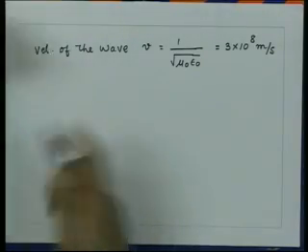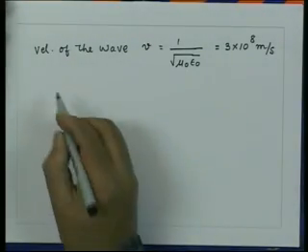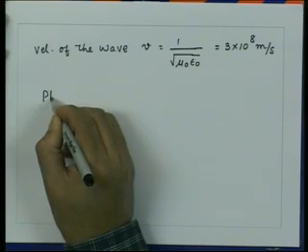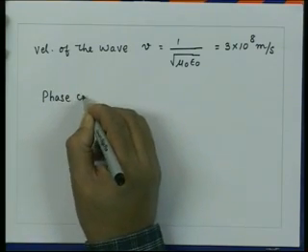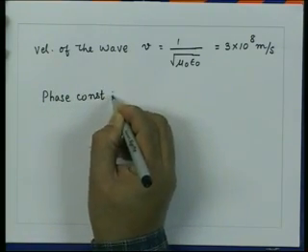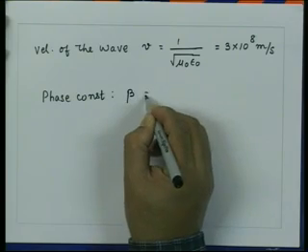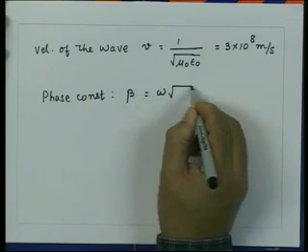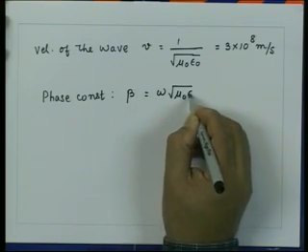The phase constant of the wave, as we know, is given by beta equal to omega square root mu 0 epsilon 0.